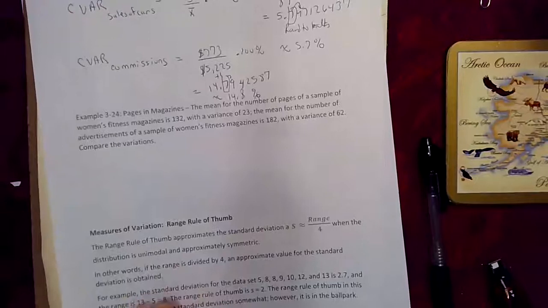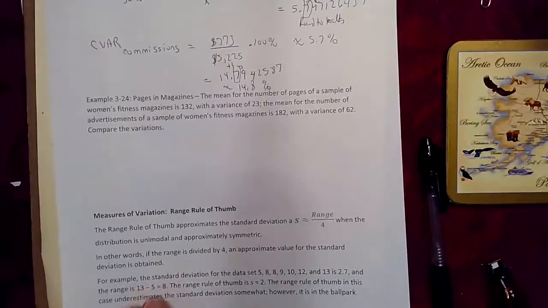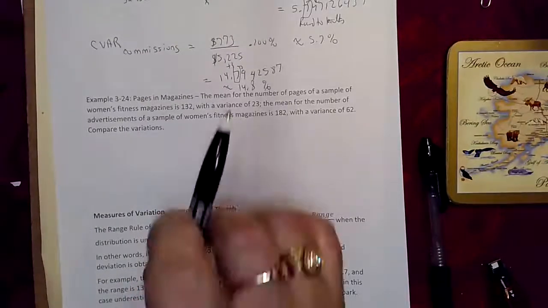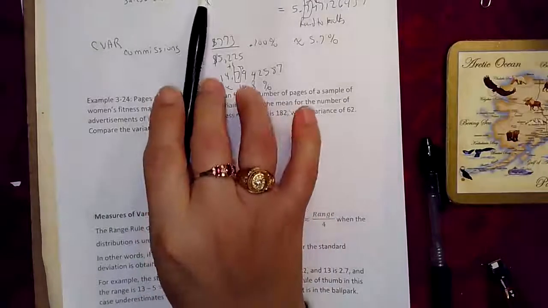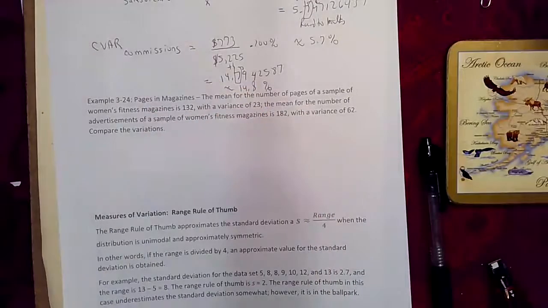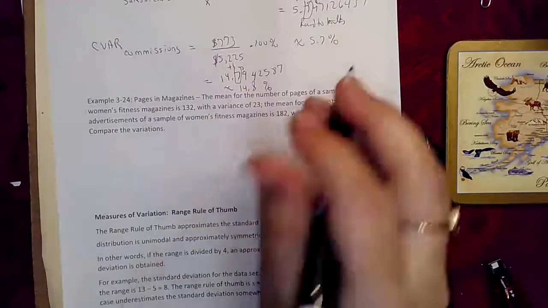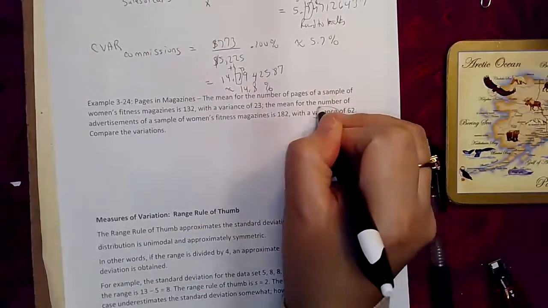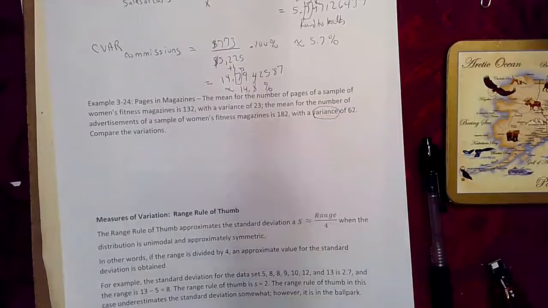Now, sometimes in your formula the standard deviation isn't given, and instead what might be given is the variance, and that's what's happening on this next problem. Sometimes the variance is given.